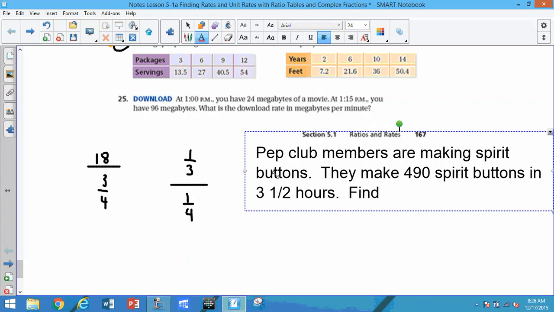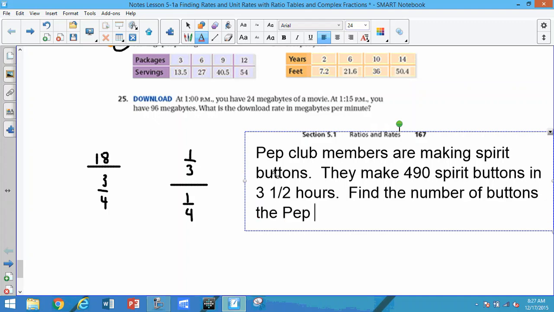Find the number of buttons the Pep Club can make per hour.